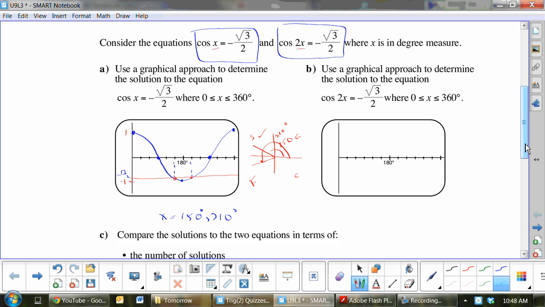Now, why don't we graph cos 2x equals negative root 3 over 2? If you put cos 2x into your calculator, you're going to get something that looks like this for the first period. We're going to come through here and here, so it looks like this.